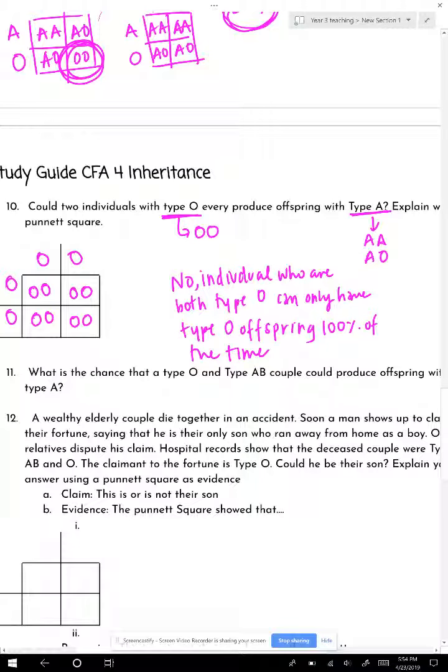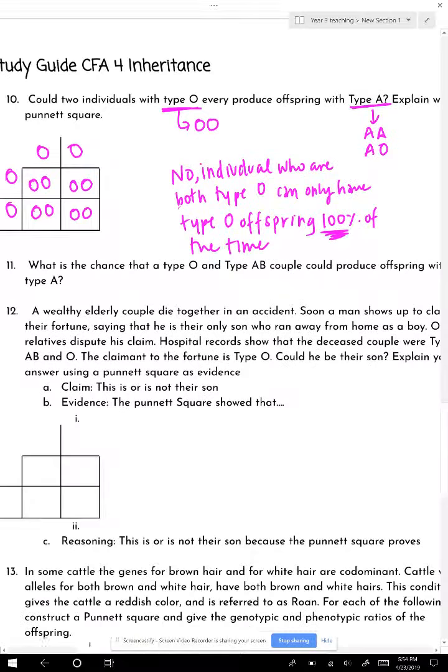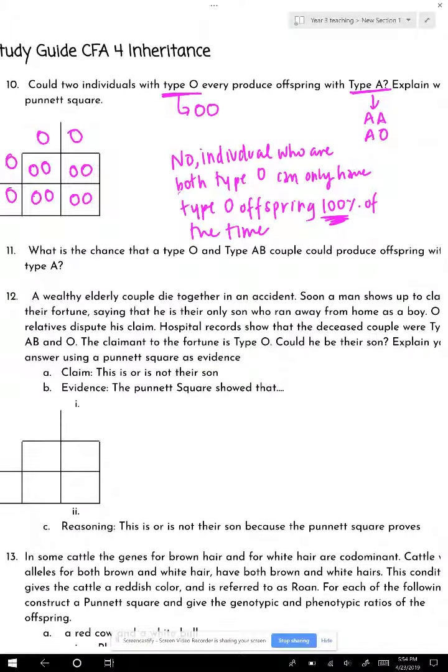And then I'm using my Punnett square as evidence, right? Because I have this at 100%, right? And then I can also cite my Punnett square as well, right? Okay, so moving on, right?